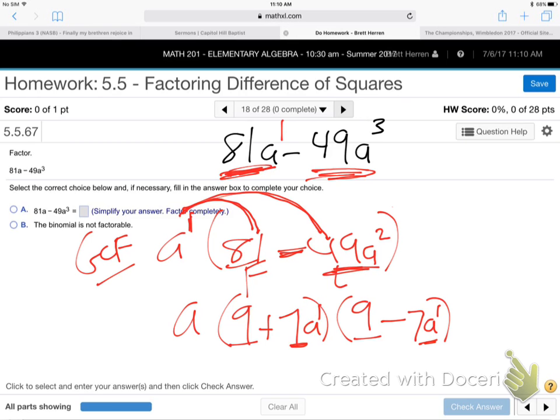Okay, so let's keep going. I should have said this right in the beginning: what if they had just given me 81 minus 49A squared? In other words, nothing in common. They don't both have an A, for example. I would go straight to the 2 parentheses. I would skip the 1 parenthesis step.